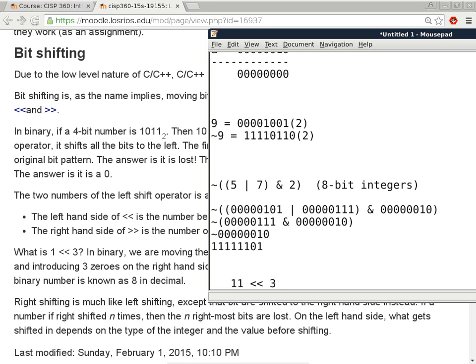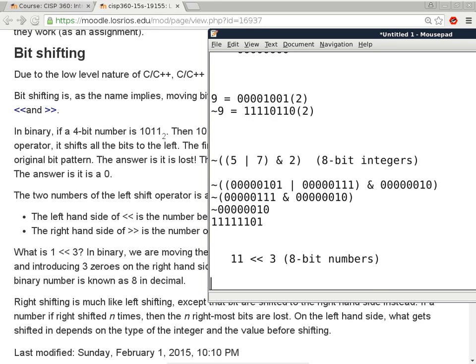This time we're dealing with 8-bit numbers. I cannot do any bit shifting until I know the representation of the number in binary. Well, I can actually do it, but I'm not going to explain that part until we're done with this one.